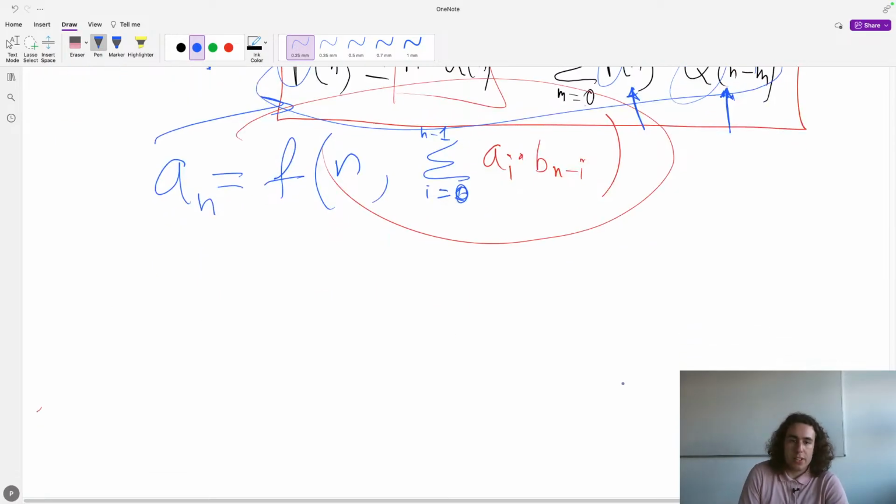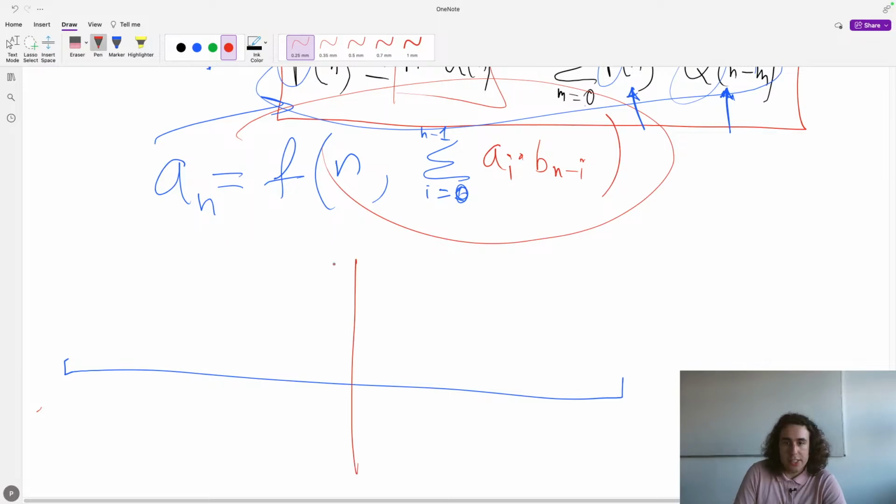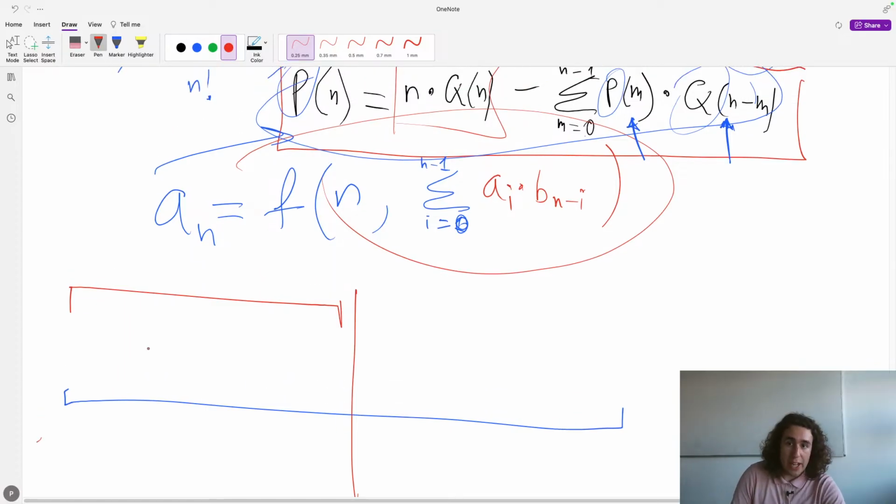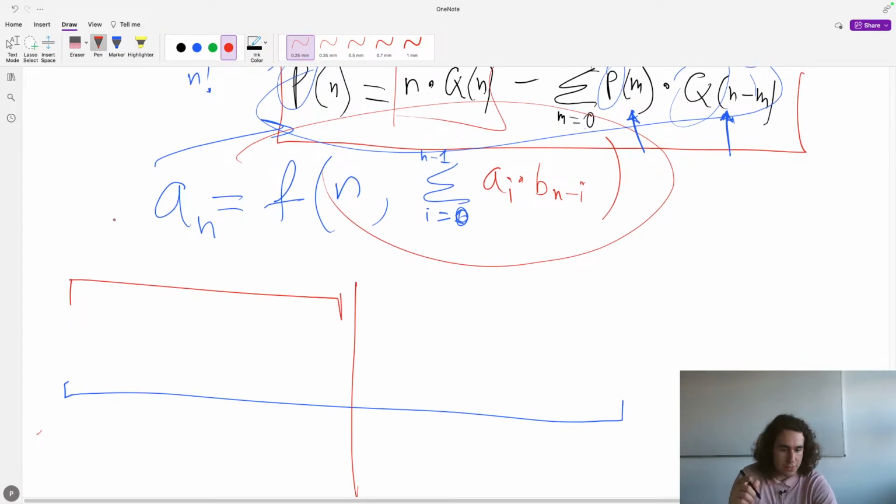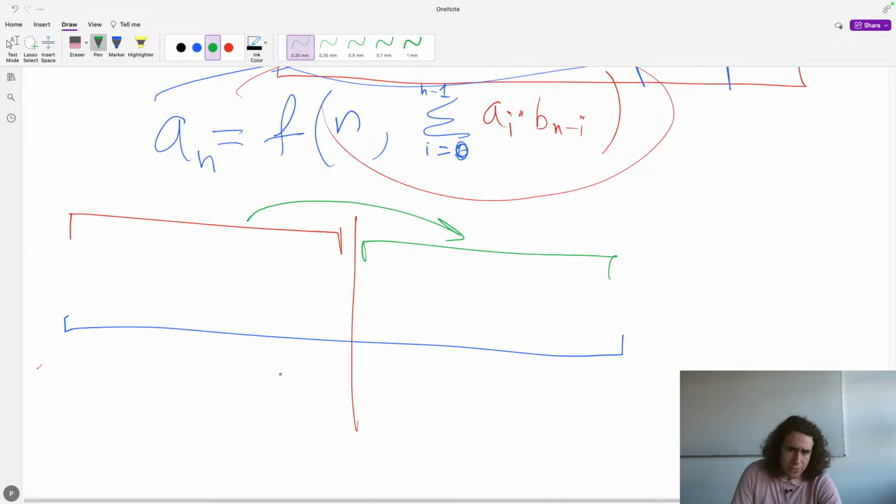Okay, so what we're going to do, we're going to have divide and conquer. We're going to recursively solve the problem on the left half. So now everything on the left is solved, so now we have the correct values of p on the left by the induction hypothesis. And now we want to calculate the influence of the left part on the right part. I think there is some name for it, something like CDQ divide and conquer or something like that.